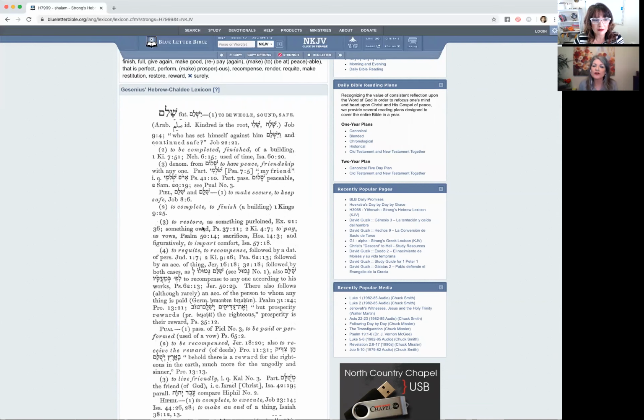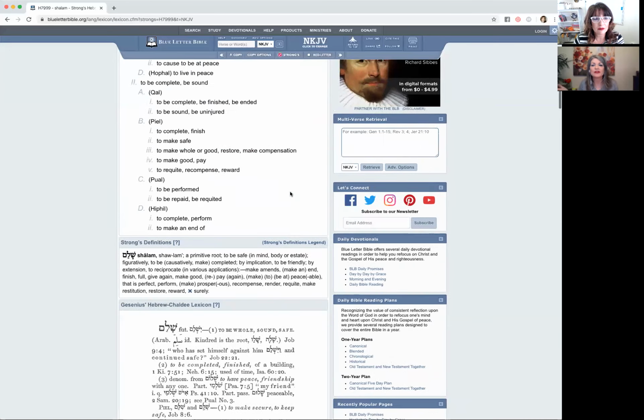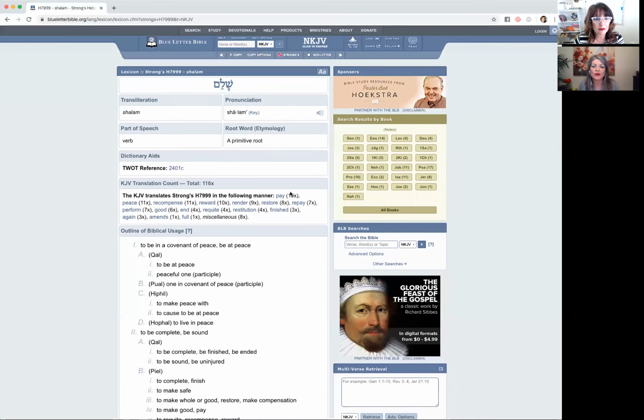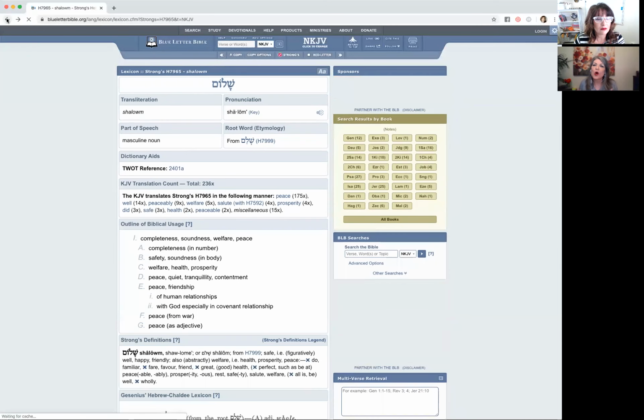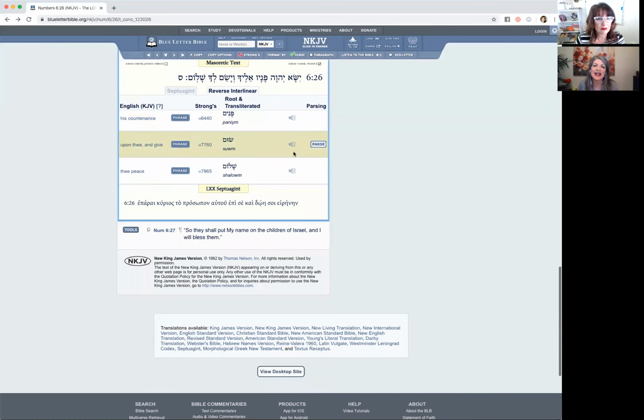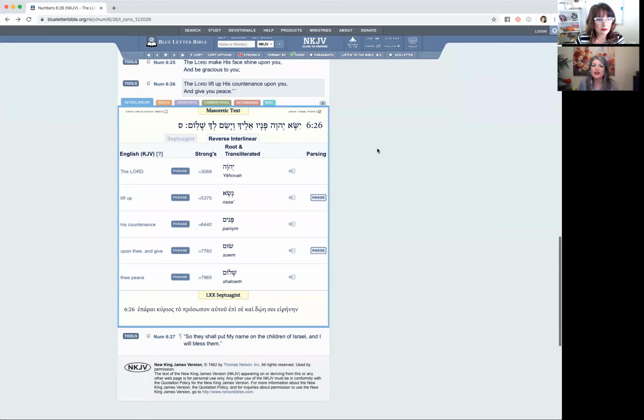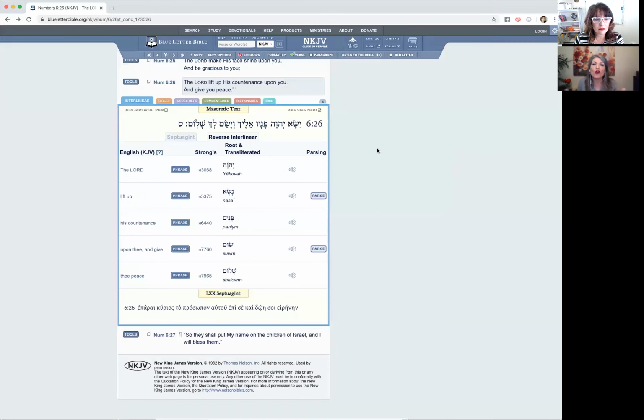So when you hear the Aaronic blessing, like, for example, Bill does a great job when he says the Aaronic blessing, and he says that you would have wholeness, completeness, safety, security, that you would be able to operate in all that God has called you to be. Those are all definitions of the word shalom.